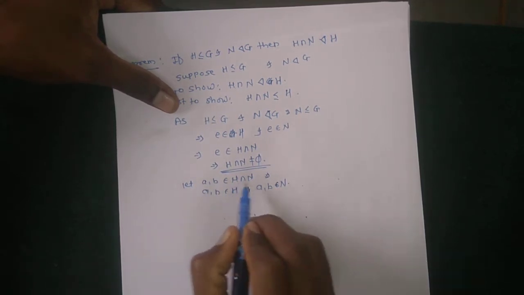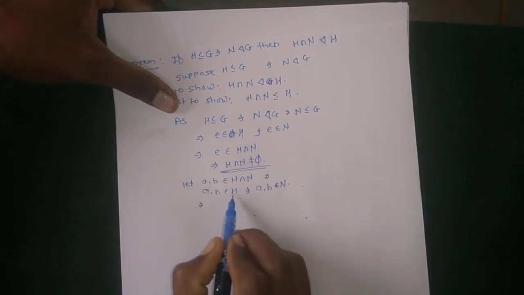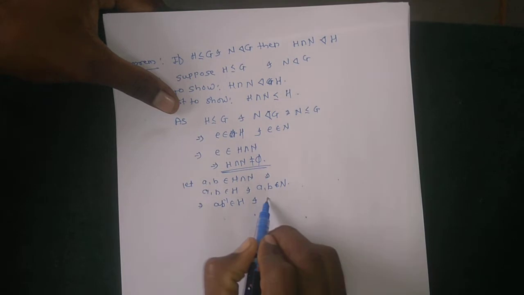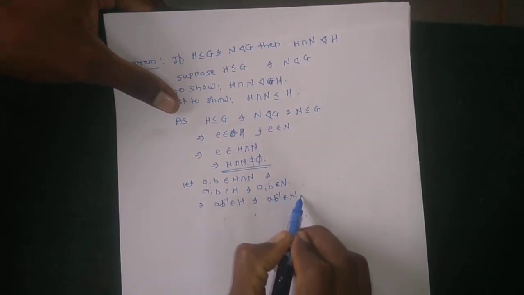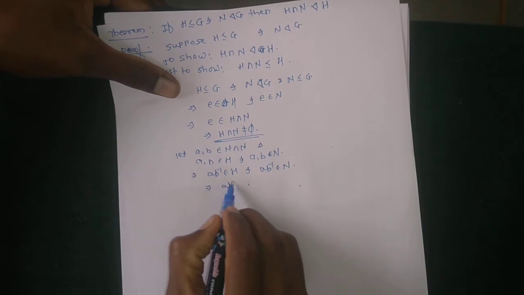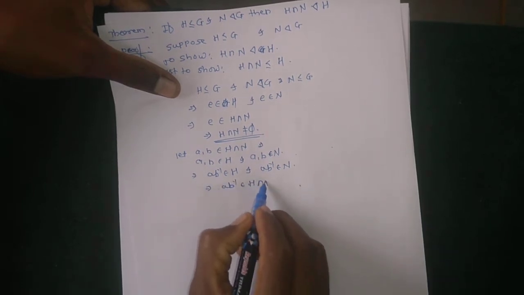Since H is a subgroup, a b inverse also belongs to H, and since N is a subgroup, a b inverse also belongs to N. So a b inverse belongs to H intersection N.